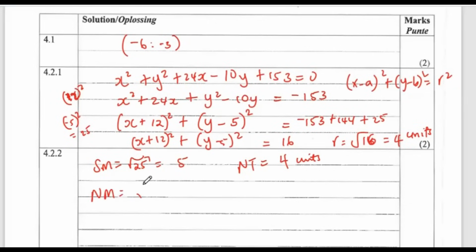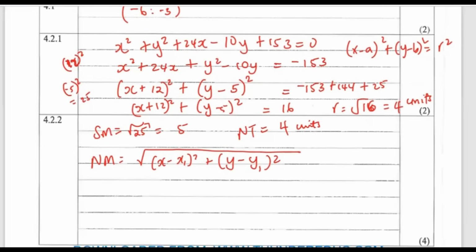So NM from the distance formula, we say x minus x1 squared, and then y minus y1 squared. And I try to substitute that. Remember, I have negative 6, negative 3. And I have negative 12, negative 5. The square root.